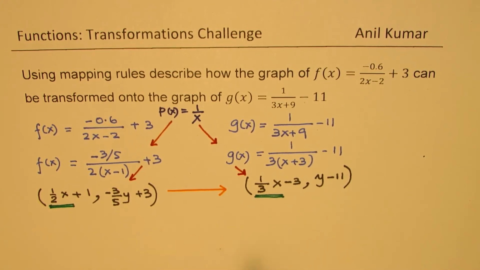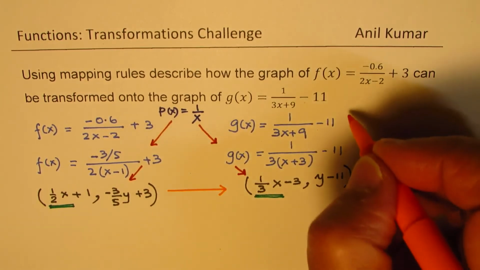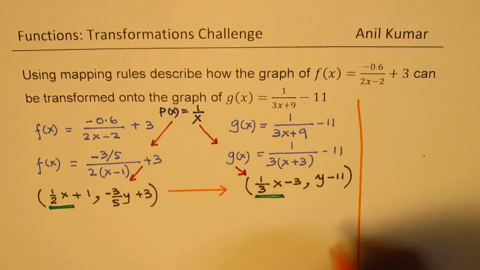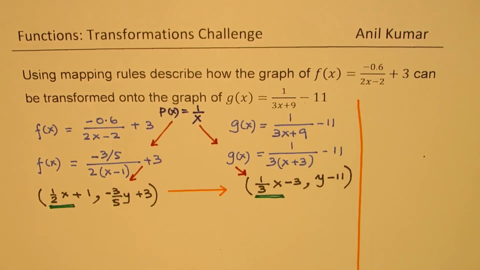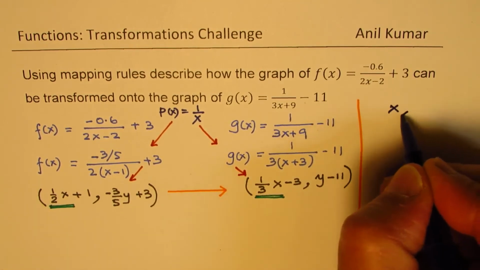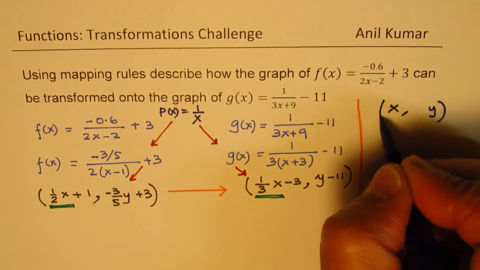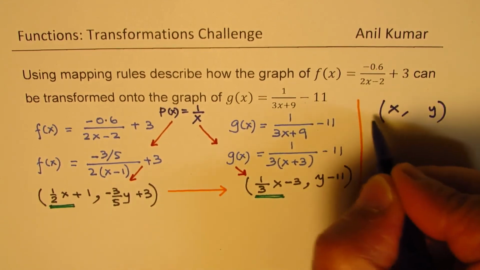So the transformation, if I am saying that my coordinate points, let me write here on the side the coordinate points, and then we'll actually work out in detail. If on this side my coordinate point is x and y, this is on f of x.